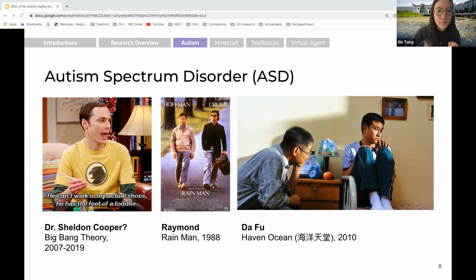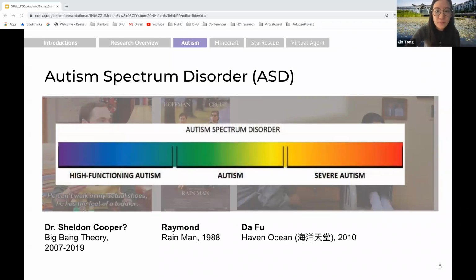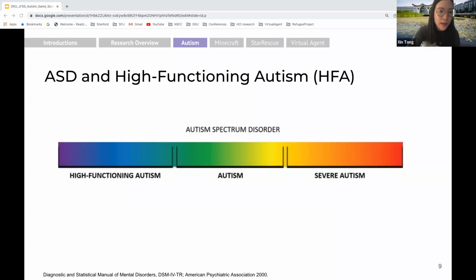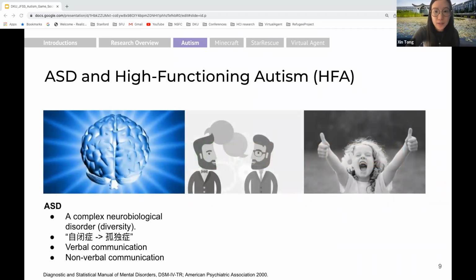So that's why psychologists named this autism spectrum disorder. Autism spectrum disorder, ASD, has been defined as a very complex neurological disorder with symptoms which can seriously affect social capacities, including verbal and nonverbal communication. In recent years, some researchers have also changed the term from disorder to diversity, to acknowledge the diverse neurobiological pathways in our brain.